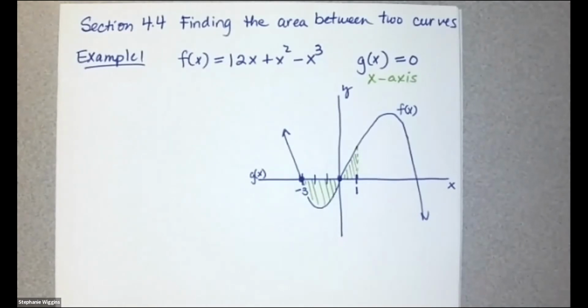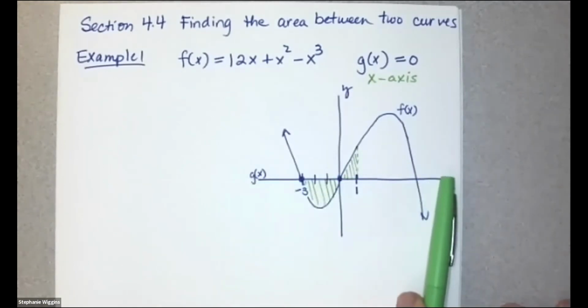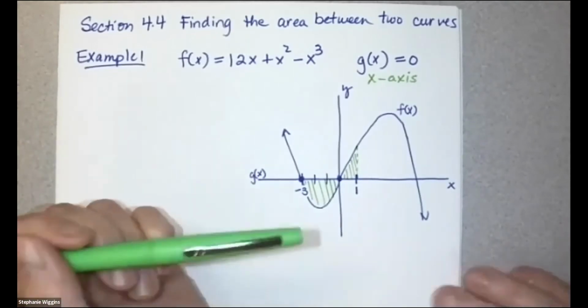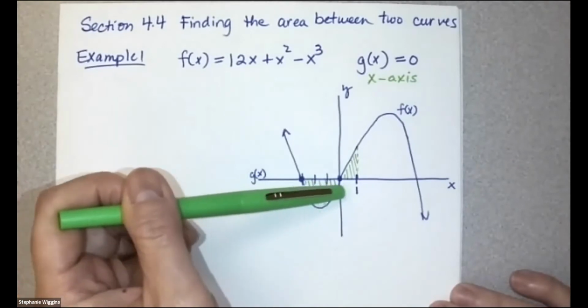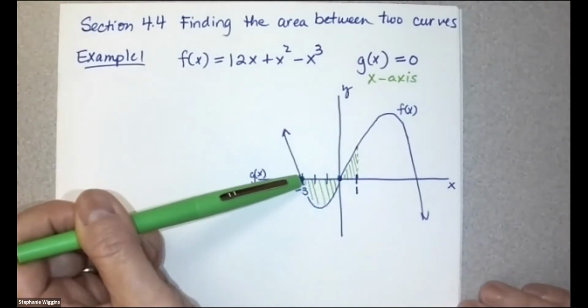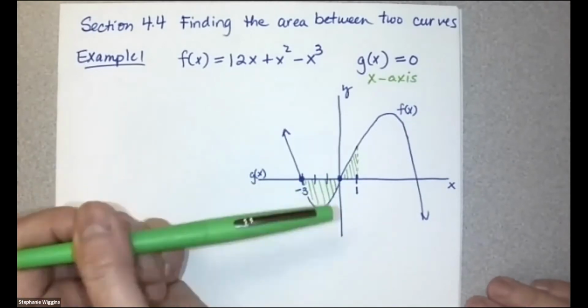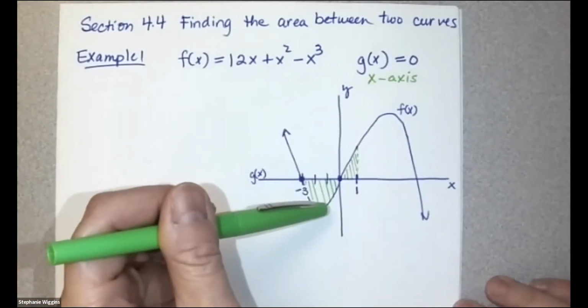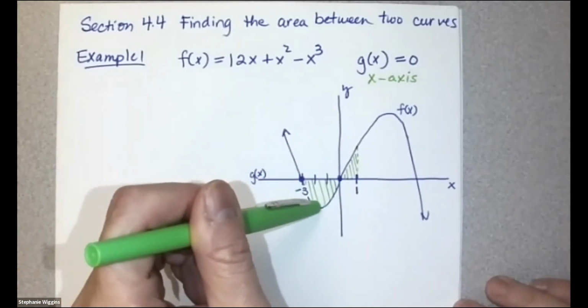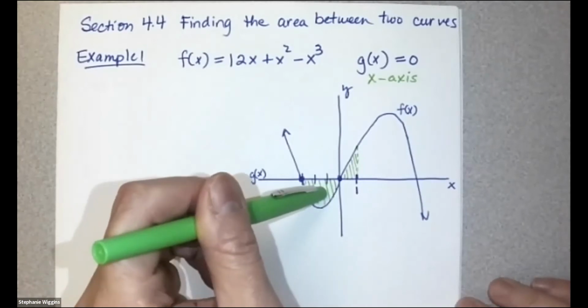So when you're looking for the area between two curves, and in this case one of them happens to be the x-axis, because the f of x is under the x-axis, we're going to get the negative answer. The reason is that you take the top function and subtract the bottom function to get the area.